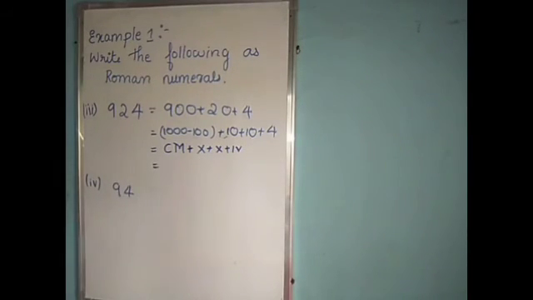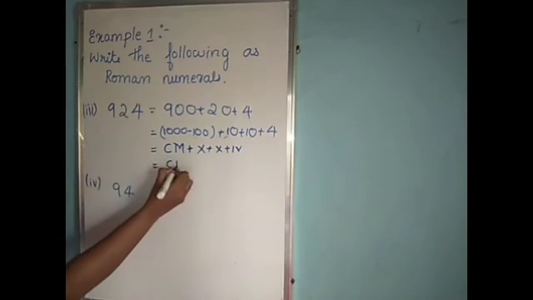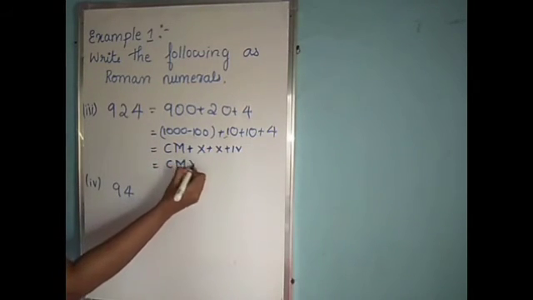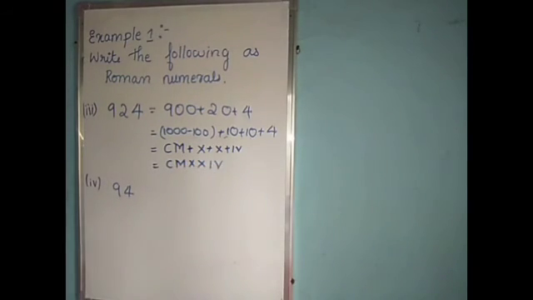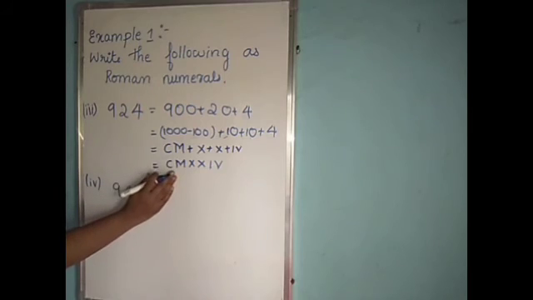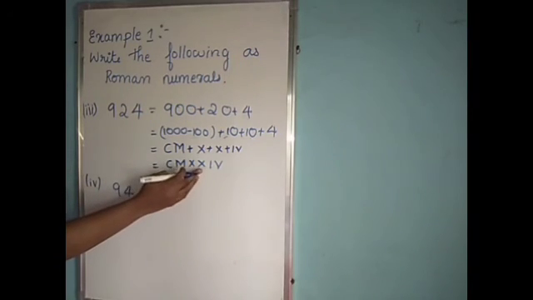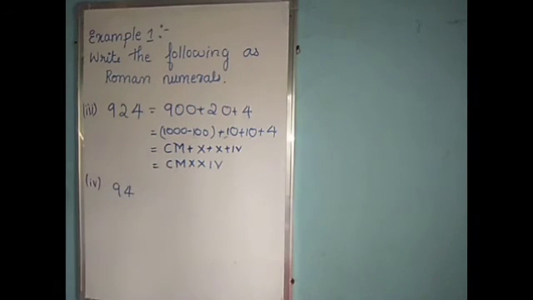Next we have to remove plus sign and we have to write the number by combining all the parts. So CMXXIV. Roman number for 924 is CMXXIV.